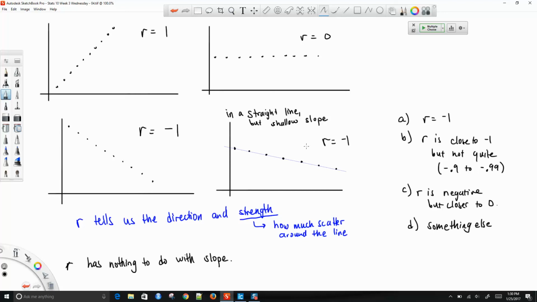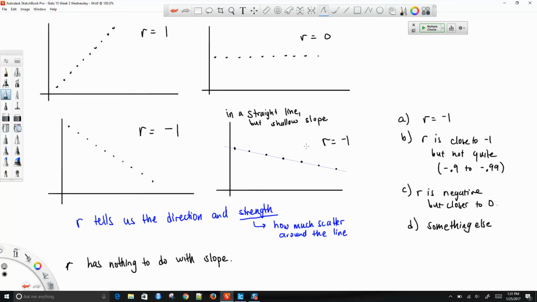Another question: when it's vertical, is it also 0? If it's vertical, it is also 0, although vertical has its own problems. We're using one variable to make predictions about the other. If you have a vertical line, that means you've only observed one value of x. It'd be like asking how many kidneys you have to predict how much money you have in the bank.